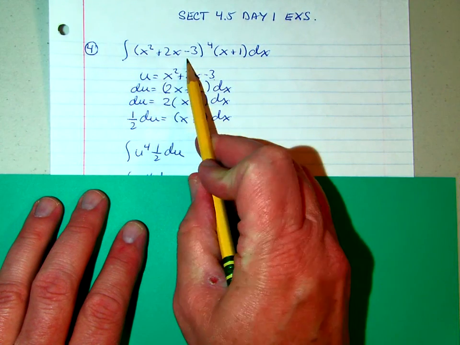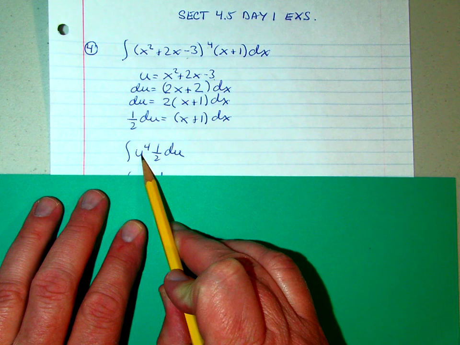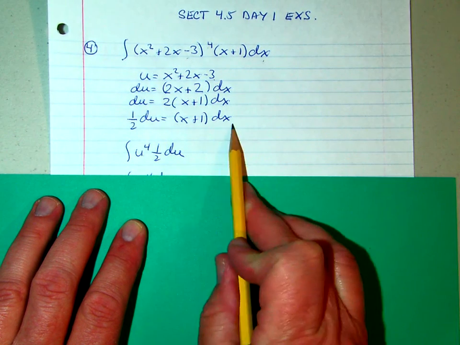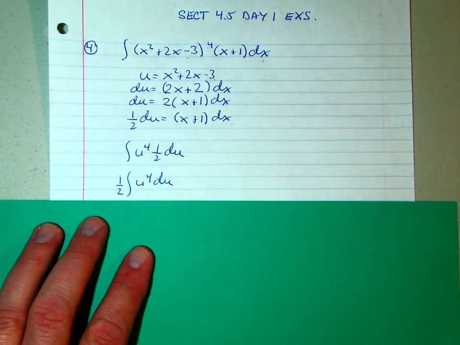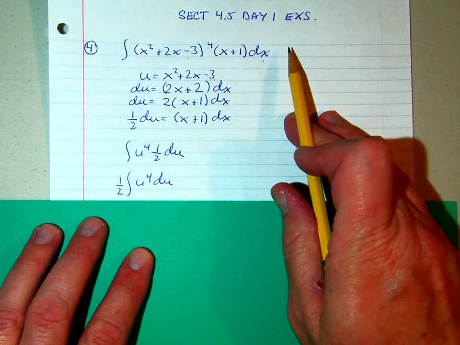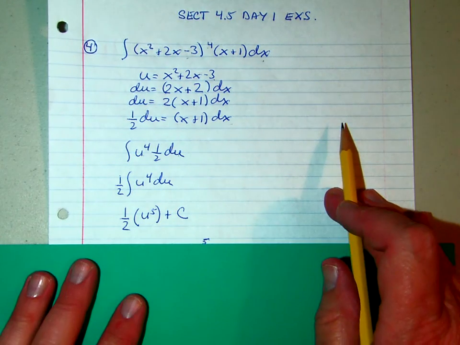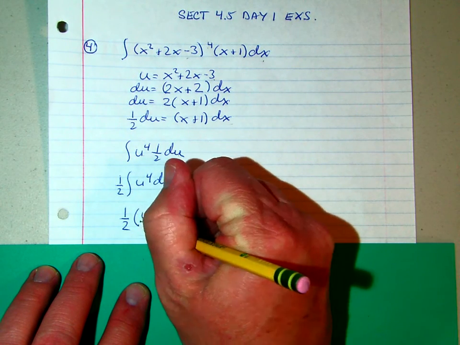So this is my u. That whole thing was raised to the 4th power, so I have u to the 4th. This is getting replaced with 1/2 du. I like to get my constant out in front like that. Basic power rule now. Exponent goes up by 1. Oops. Looks like I forgot to do a step here.